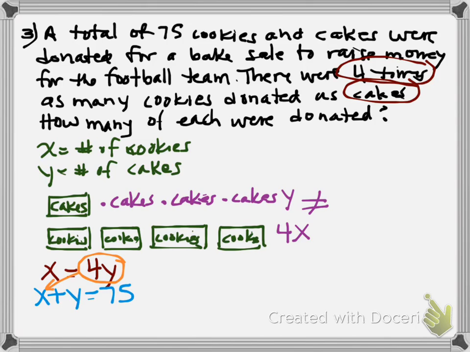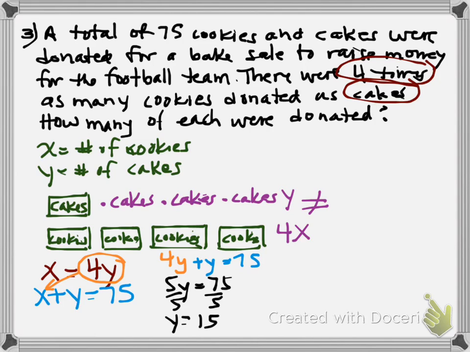Yeah, pretty easy. So we have 4y plus y equals 75. So that ends up giving me a total of 5y equals 75. And we divide by 5. And we get y equals, let's see, that goes in twice, 15.